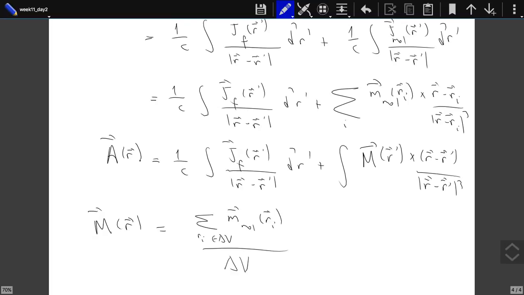Now, the part that is not strictly correct over here was, you see, this macroscopic vector potential is also obtained by averaging over some volume. So these macroscopic fields in matter, we just average them over very small volumes, so that A is averaged over a small volume.